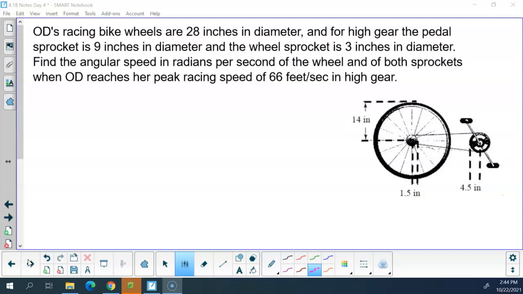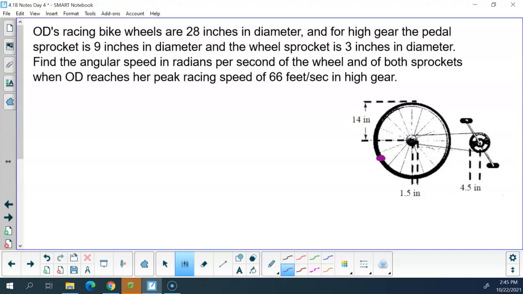Linear speed. Where are we? On the high gear, on the pedal? No, we're on the wheel because it's a linear speed. So right now, we are starting out here on the wheel.